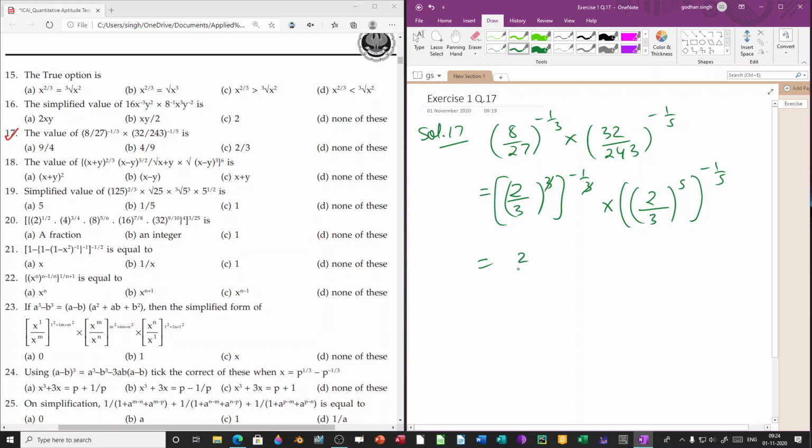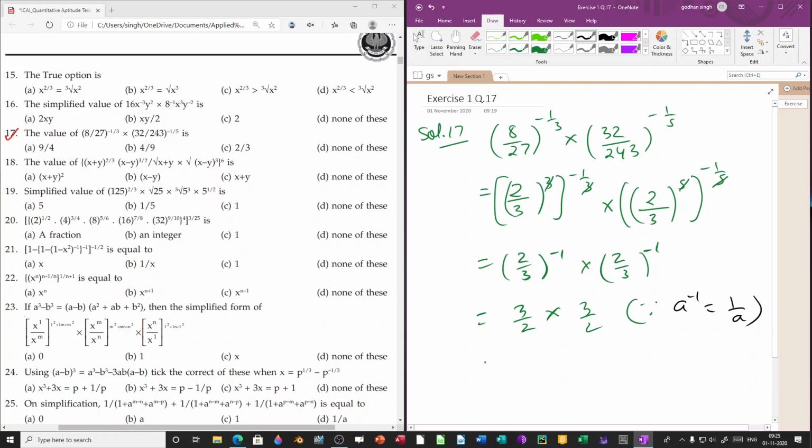So we will be getting (2/3) raised to minus 1 into (2/3), here also 5 and 5 will be cancelled out, and we will be getting minus 1. So this will be equal to, and also we know that a raised to minus 1 is 1 by a. So this will become 3/2 into 3/2. Why? Because a raised to minus 1 equals 1 by a, provided that a should not be 0, so here it is not 0.